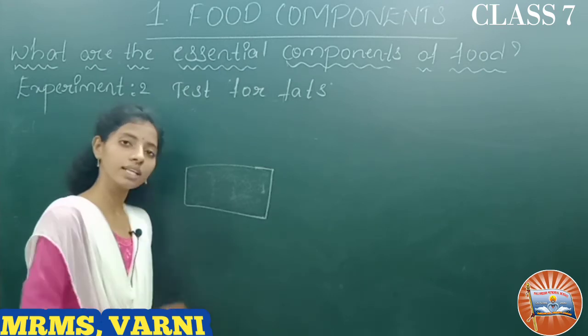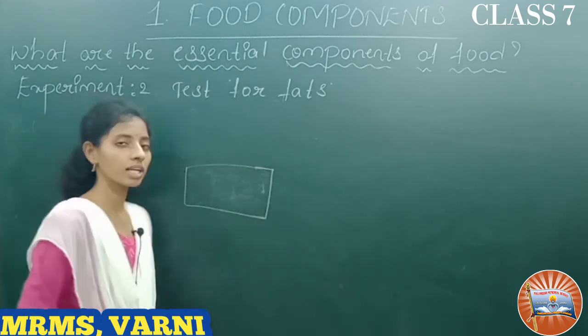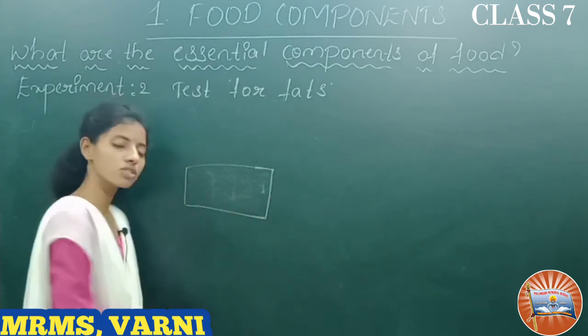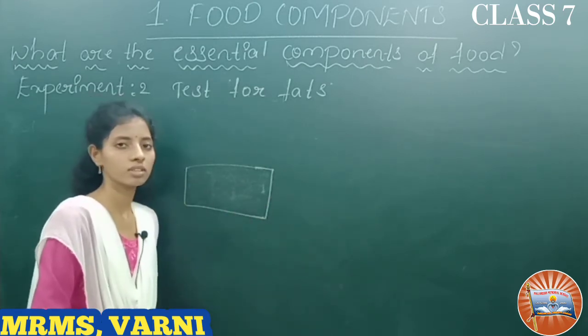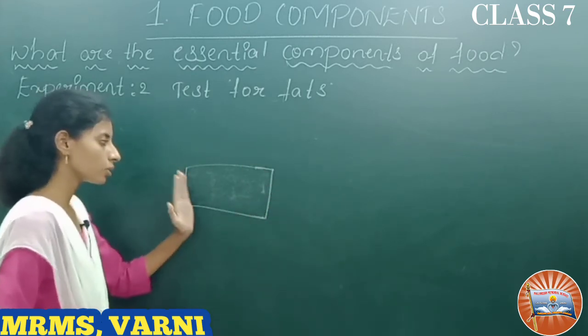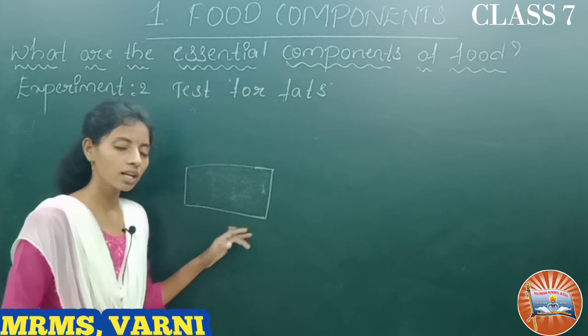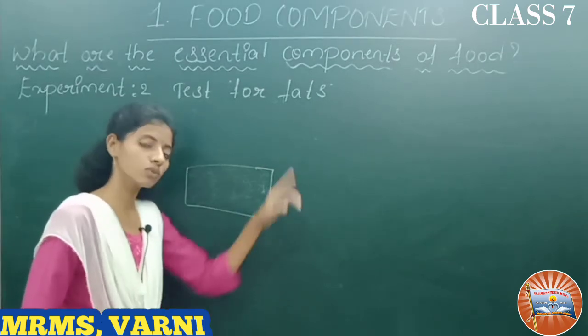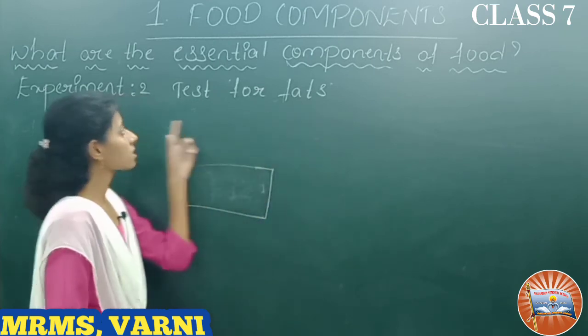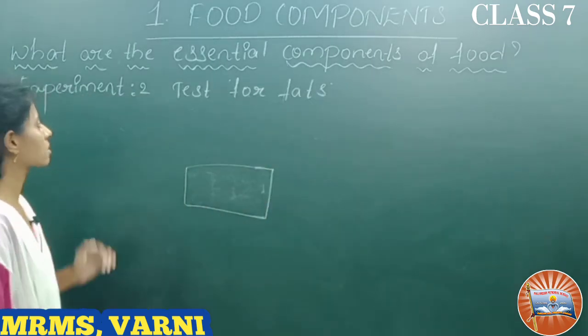Yes, so that indicates that the food item contains fat. That means the paper has turned transparent. The turning of paper into transparent indicates that the food item contains fats. Okay, so this is our test for fats.